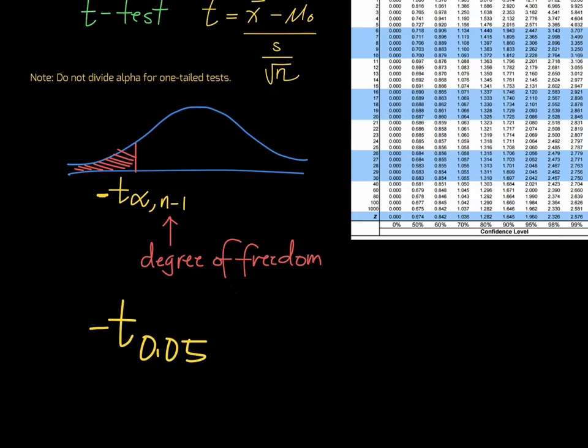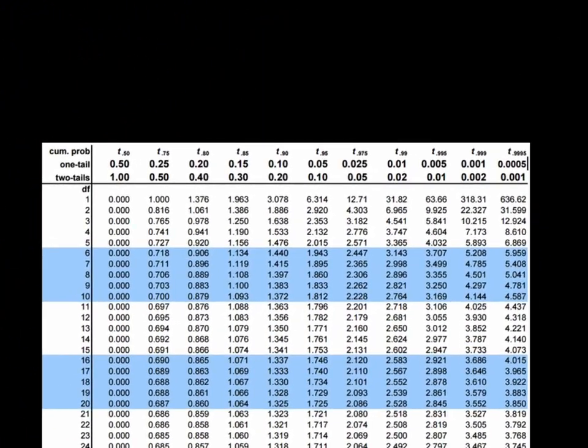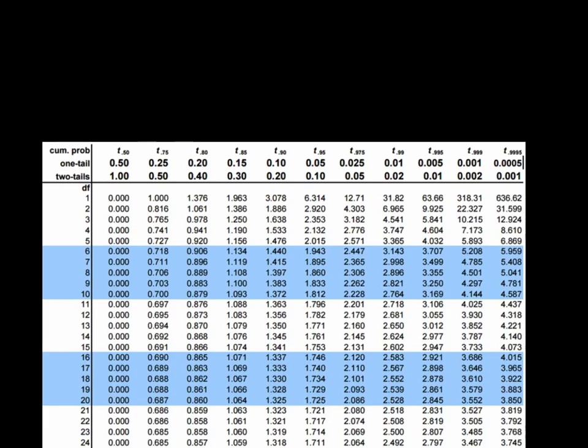So the first thing that you need to do is to locate this 0.05 as the subscript on the one-tail row. And the 0.05 is located here. Now there are so many numbers on the column of 0.05, and you have all these numbers to choose from. This is where the degree of freedom will come into play.